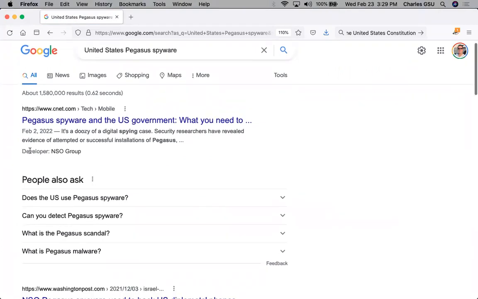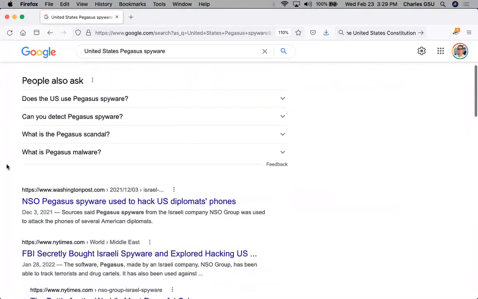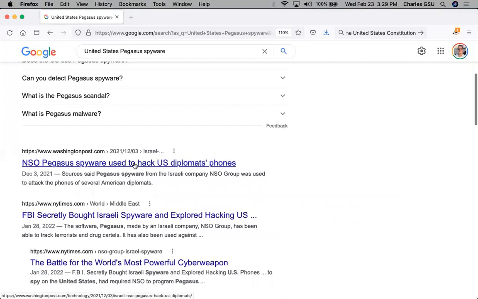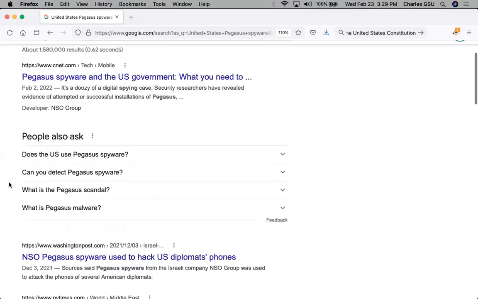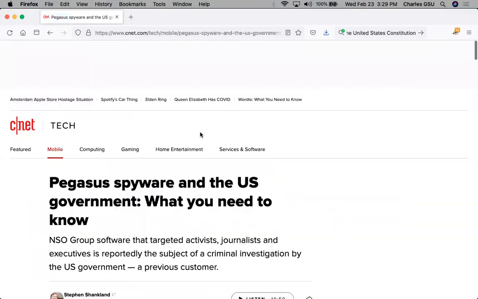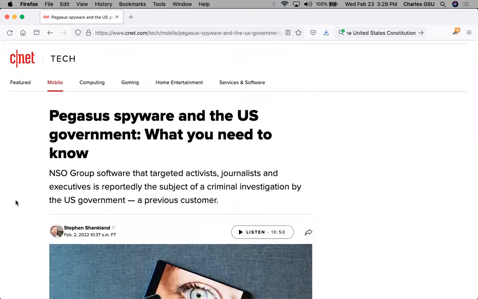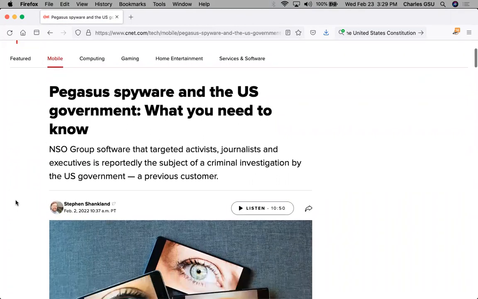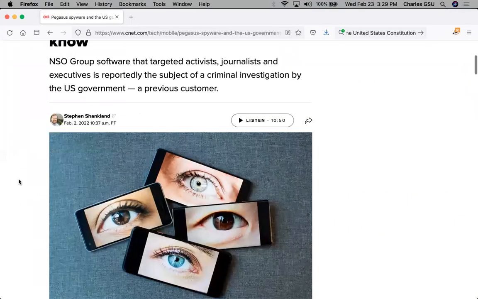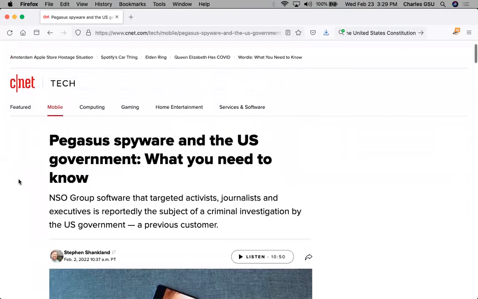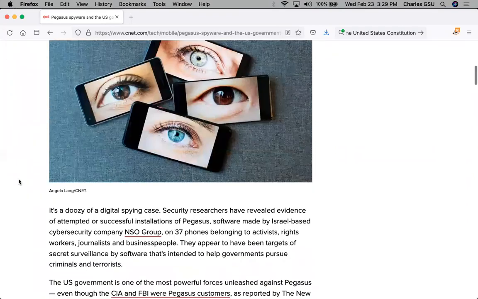And CNET, by the way, I don't know if you know that company, there's Washington Post again. Wow. So CNET has been around almost as long as the internet. It's a very reputable computer technology publication. Used to be in print, now it's print and online, of course. And so you can see here, this is February 22nd.